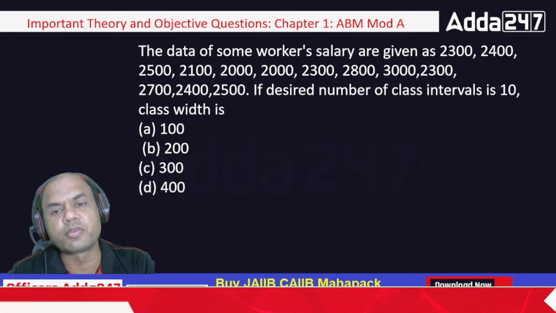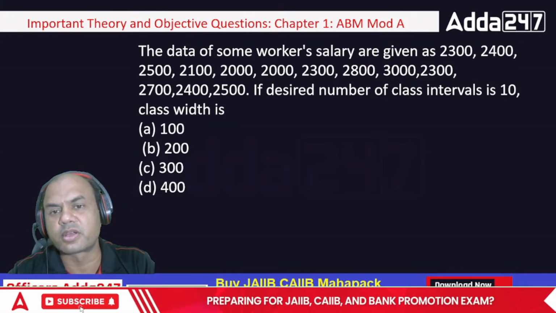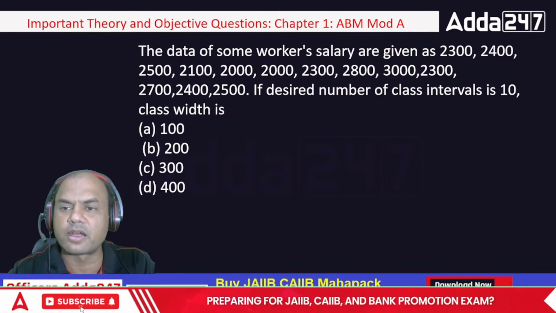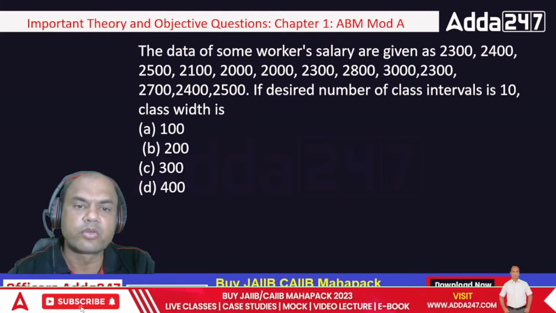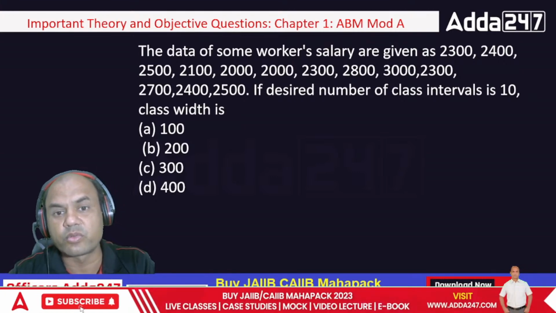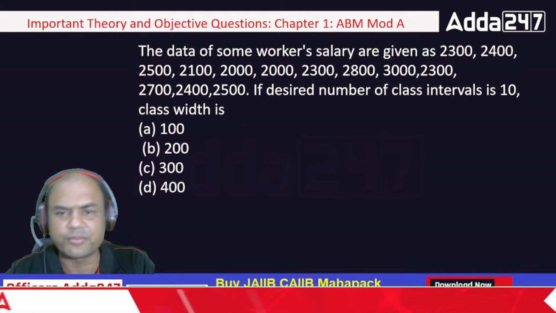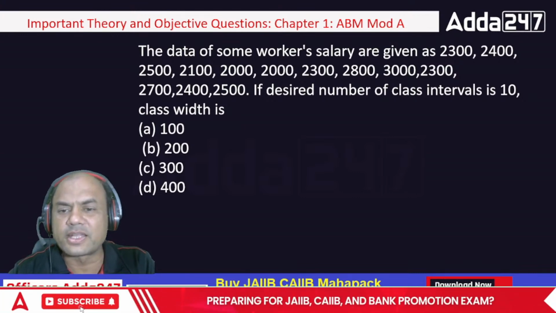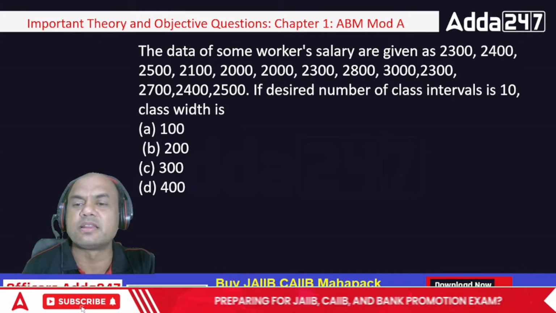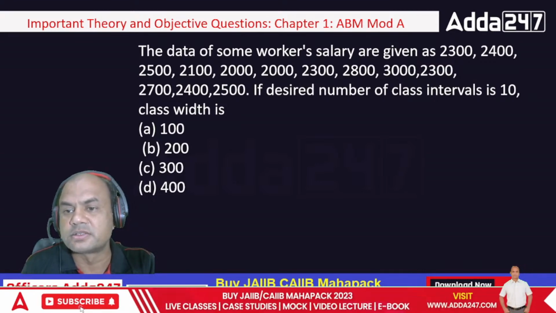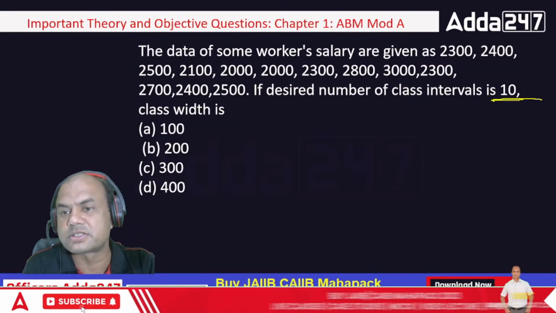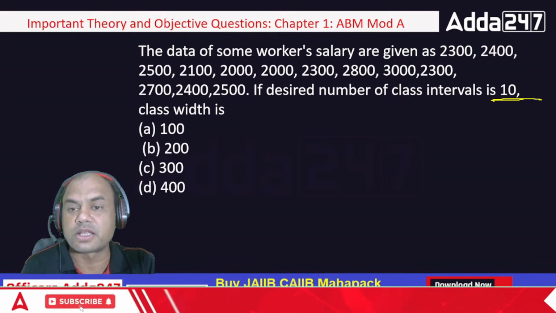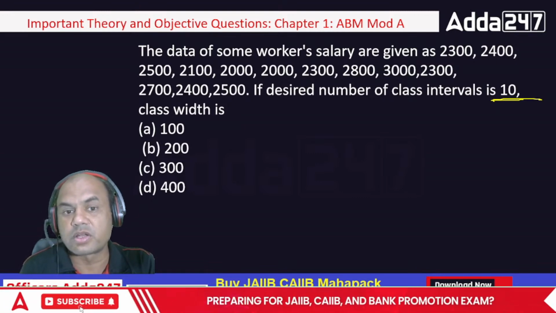The data of some workers' salary is given as 2300, 2400, 2500, 2100, 2000, 2000. You can read this. If the desired number of class intervals is 10, then what is the class width? What is class width?